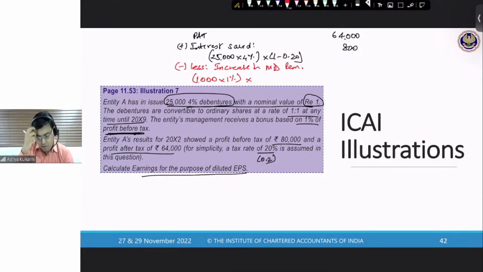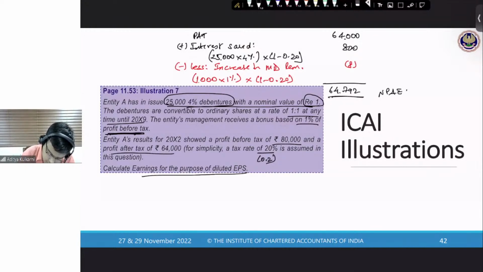So the net earnings will be net of tax, into 1 minus 0.2. That gives you 1,000 into 1% is 10, into 0.8, that gives you 8. So if you do the add and less, 64,792. This becomes net profit attributable to equity shareholders, adjusted for dilutive impacts.